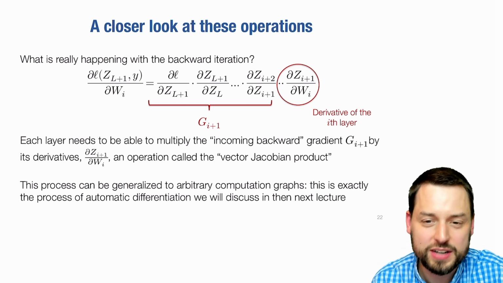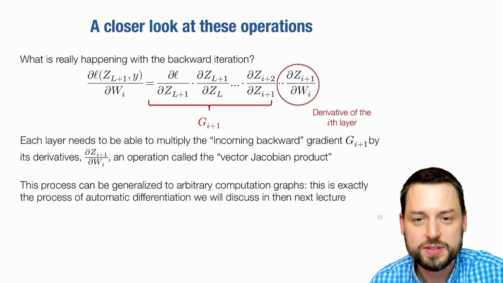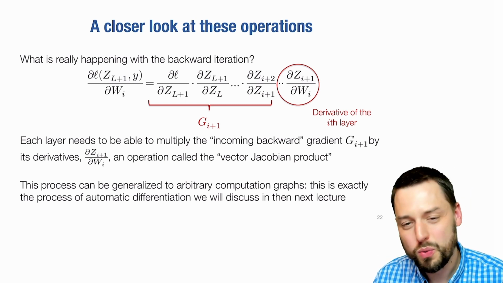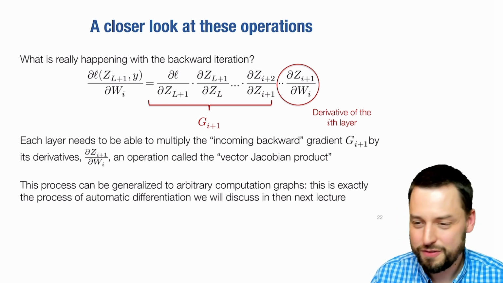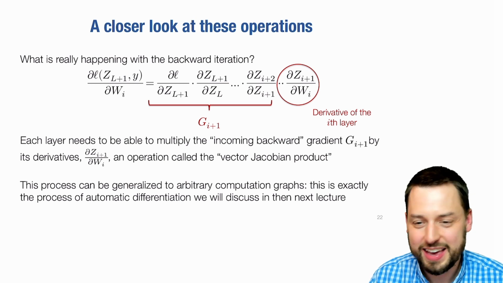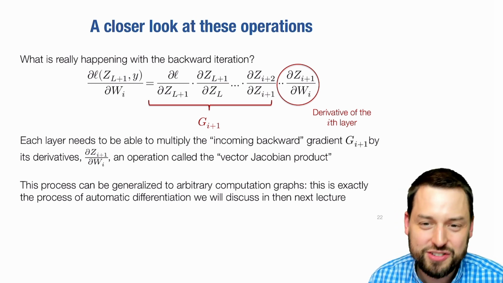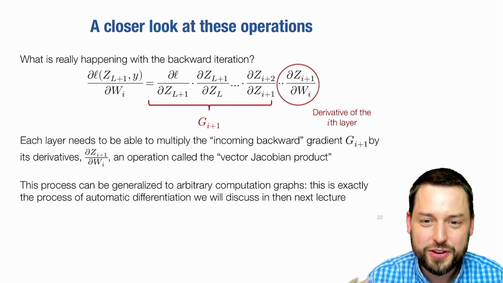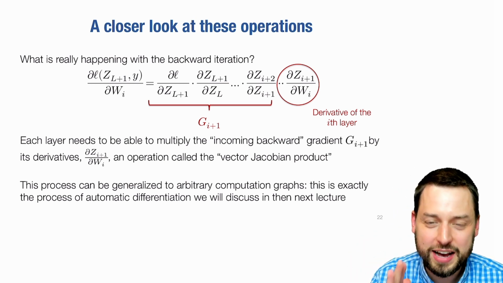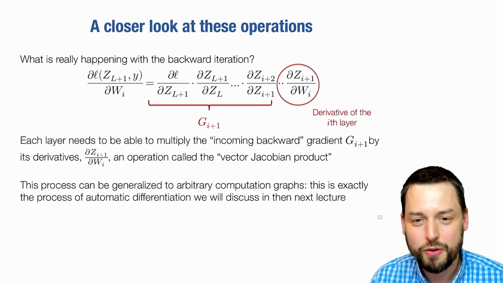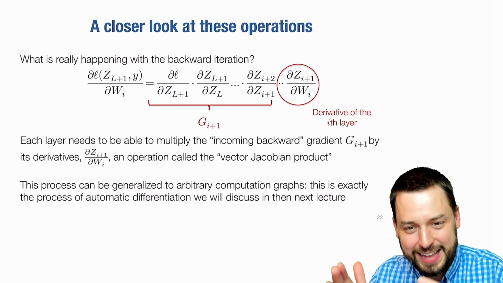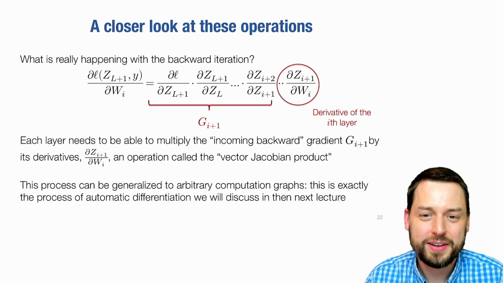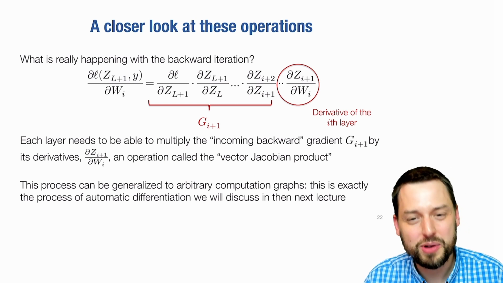This is exactly the process you will cover when it comes to automatic differentiation, which beautifully will avoid the need for any of this hacky math and manual application of the chain rule to the point where you start to sweat. So you have to do it. It's good to do it once. It's good to go through the exercise of manually deriving backprop for a multilayer neural network once. Now, shelve it away, and let's start next time talking about automatic differentiation, or how we really do this in practice.